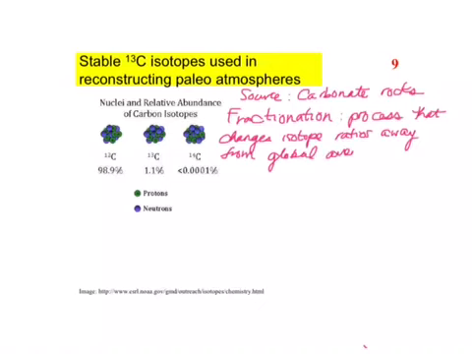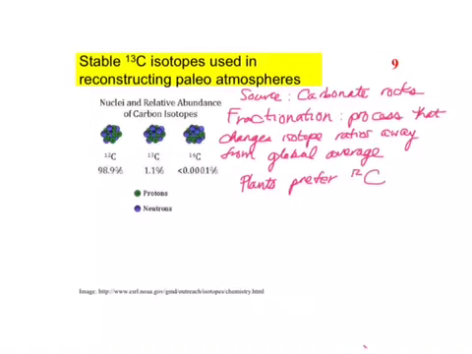And it turns out that photosynthetic organisms like plants can induce fractionation. So plants prefer carbon-12, the lighter isotope of carbon.